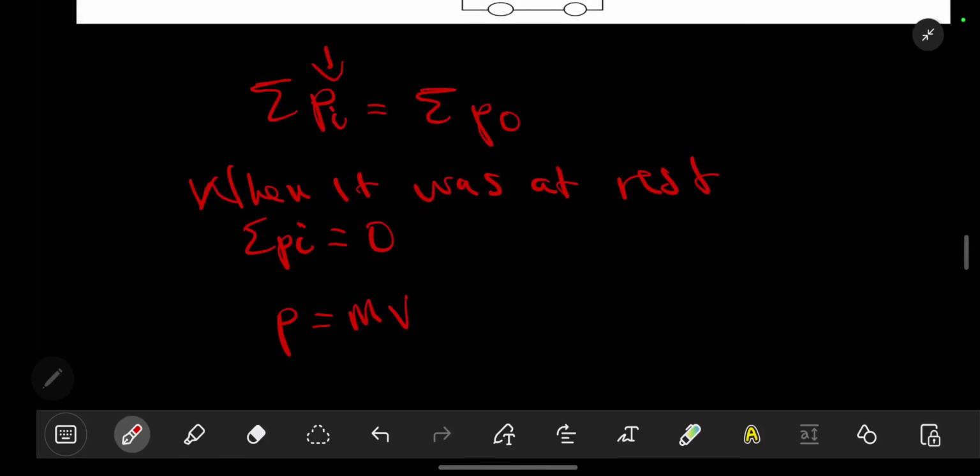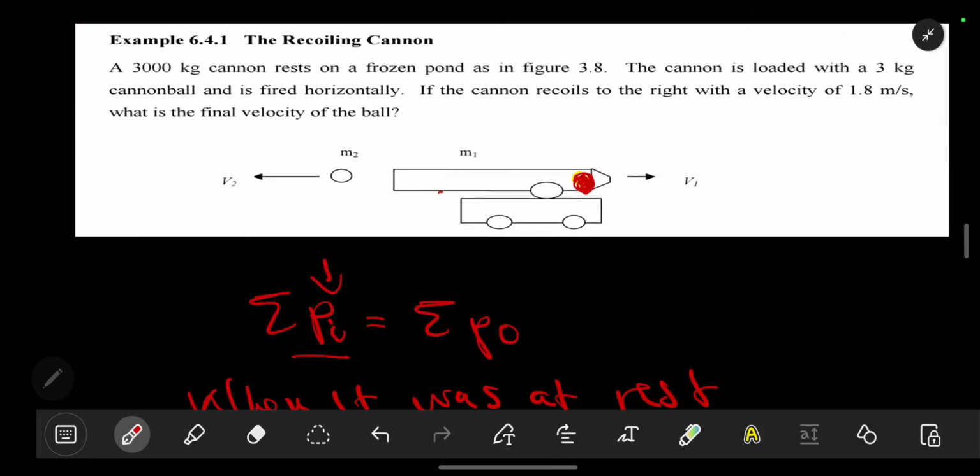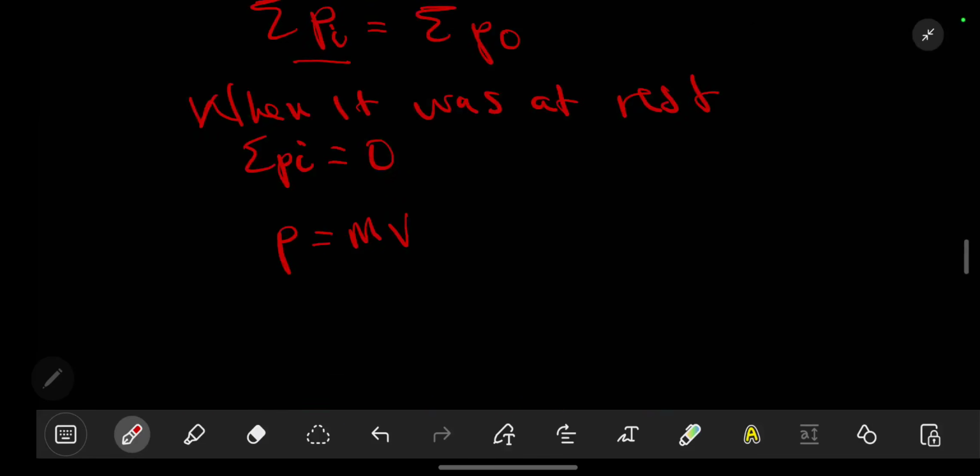So for the initial momentum, we add for the cannon and the ball. Let's call the cannon mass number 1, so m1 times velocity number 1, plus mass number 2 for the ball times velocity number 2. That is for the initial.